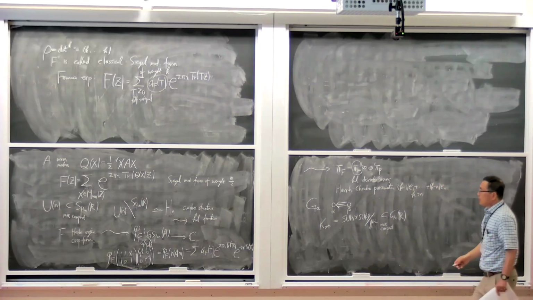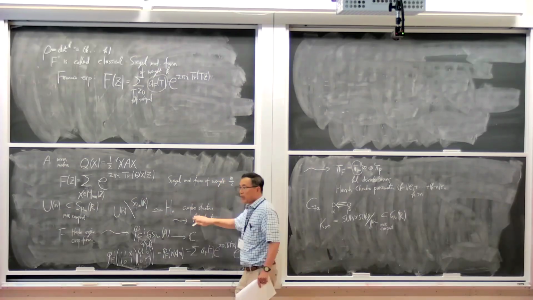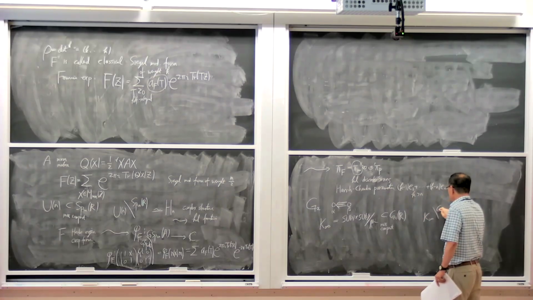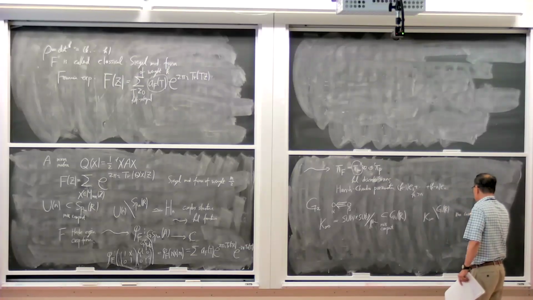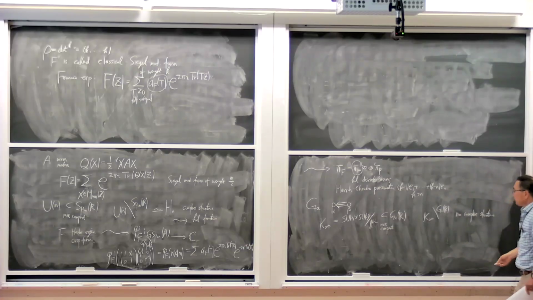So in this case, unlike the Ziegler case where the quotient has a complex structure, in this case the quotient has no complex structure. And so you cannot define a holomorphic function.